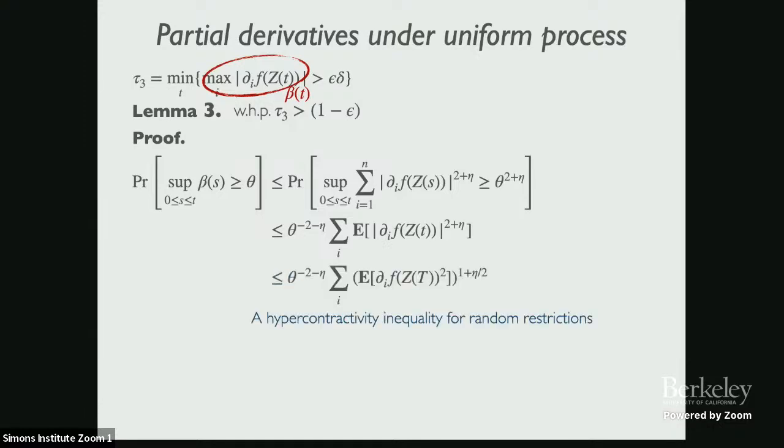And the next step, we are going to apply a hypercontractivity inequality. So we switch from this 2 plus eta norm to the 2 norm. Except here, what we are considering is random restrictions instead of the noise operator.